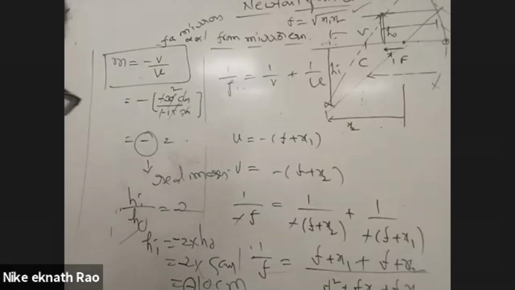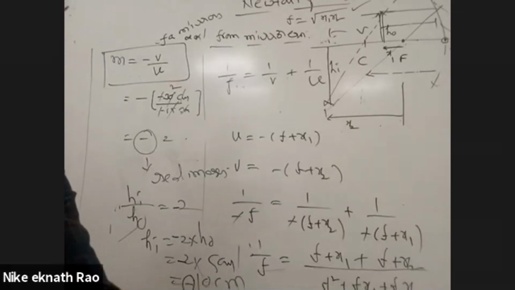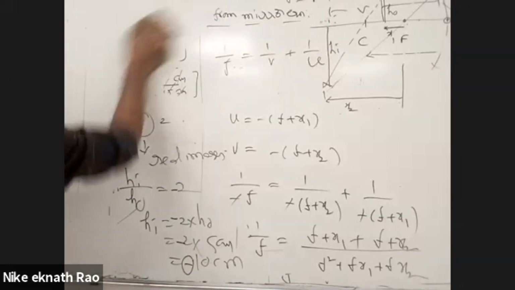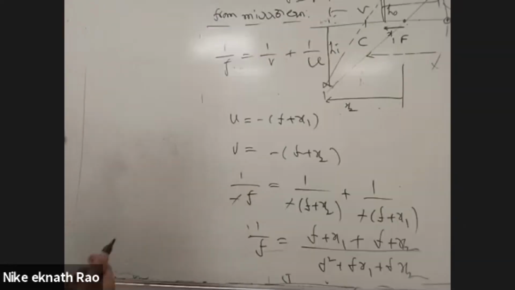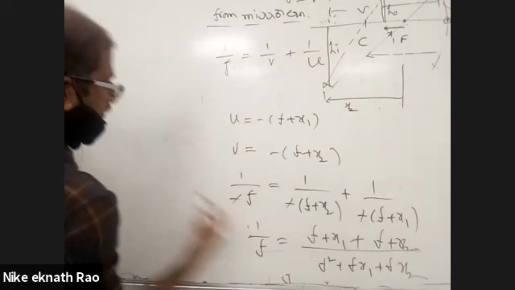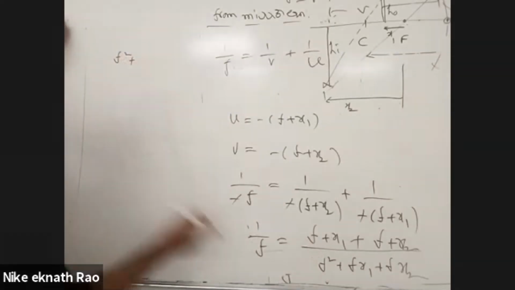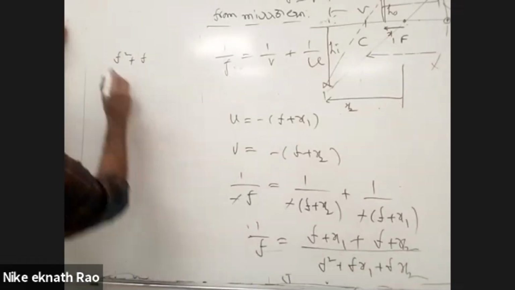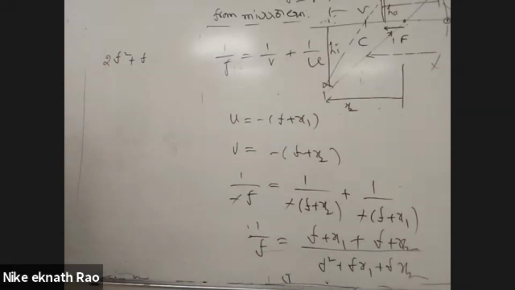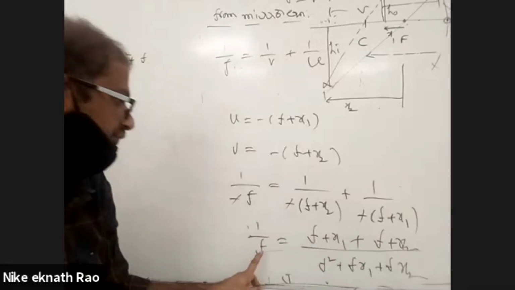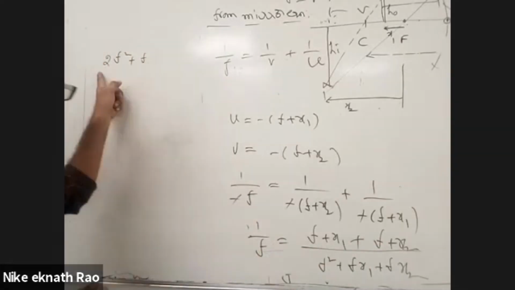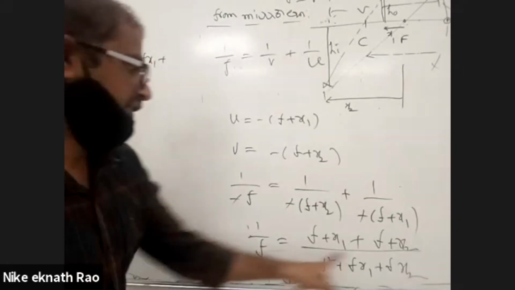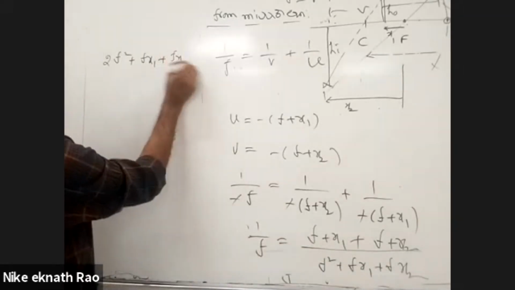Look at the simplification carefully. Now if you simplify, what will you get? f plus f is 2f, 2f into f is 2f square, plus f into x1, f x1, plus f into x2, f x2.